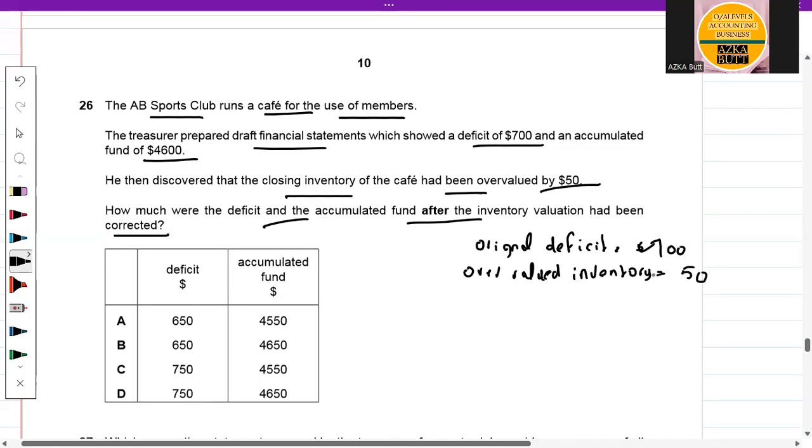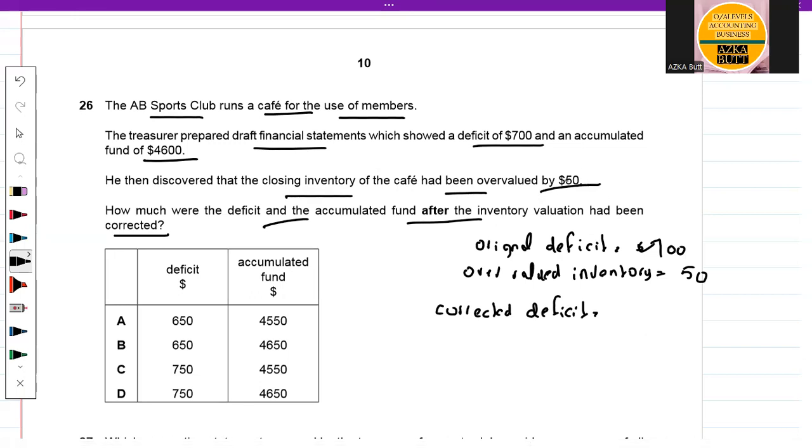If we want to correct the deficit, since you overvalued the closing inventory by $50, you are now going to decrease the closing inventory by $50. If the closing inventory decreases, your cost of sales would increase, your GP would decrease and your deficit would increase.